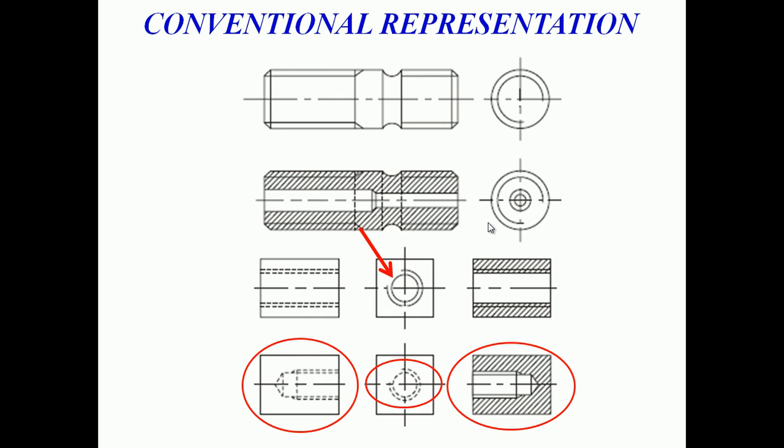You can clearly see that there is a hole, and after that there is a thread. So two things are there in the fourth diagram, and how to represent it is also clearly given in the side view and the front views.